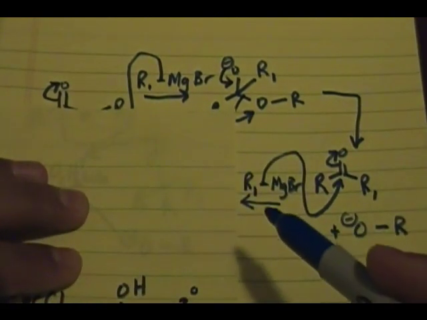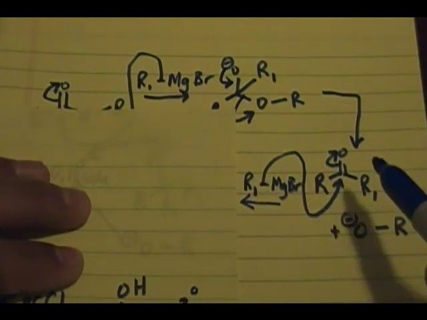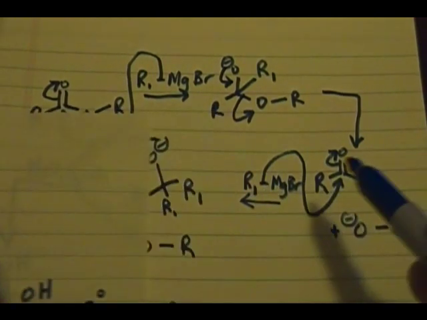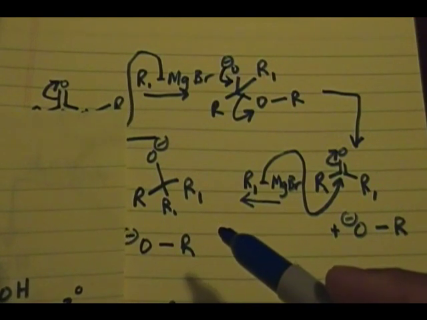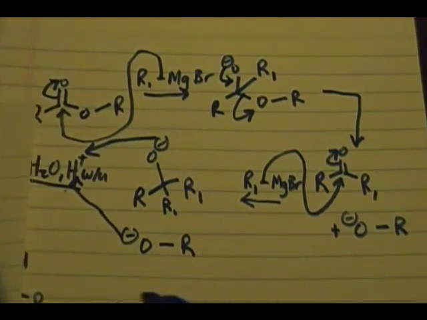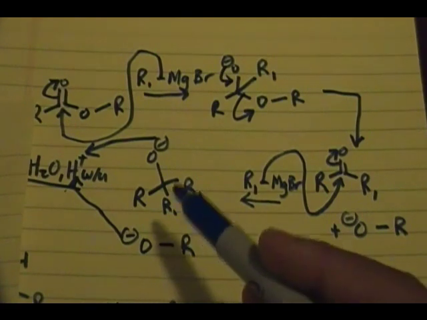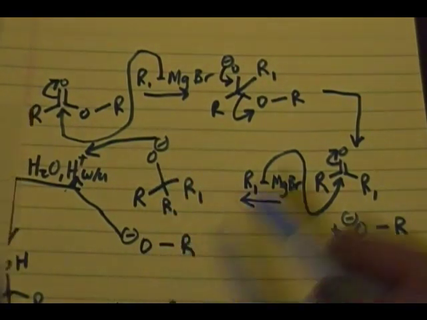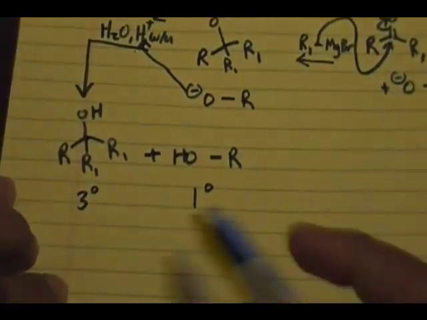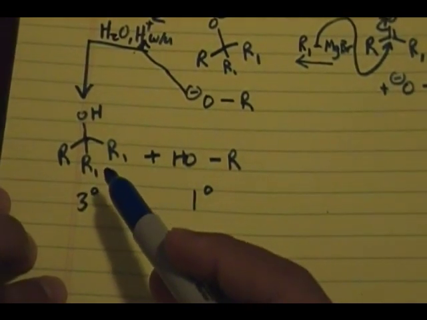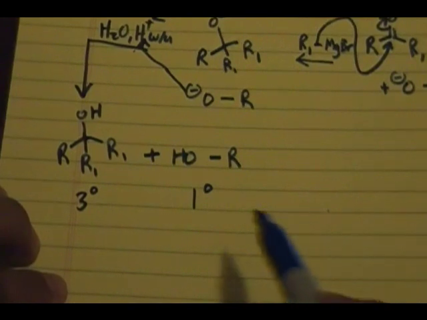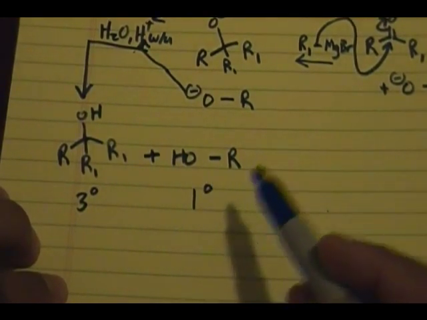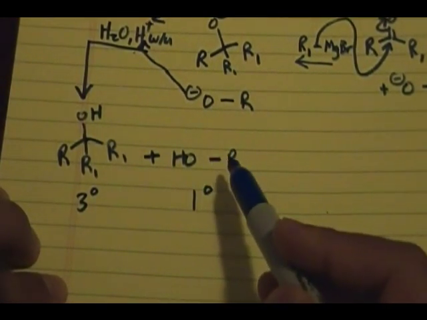The Grignard reagent, the R1, adds again, forms the O negative with 3 R's now, and at the end it gets neutralized. Both this piece and this piece get neutralized to give you your final product: a tertiary alcohol and this primary alcohol. And again, this could be primary, secondary, or tertiary, depending on what this R group is.